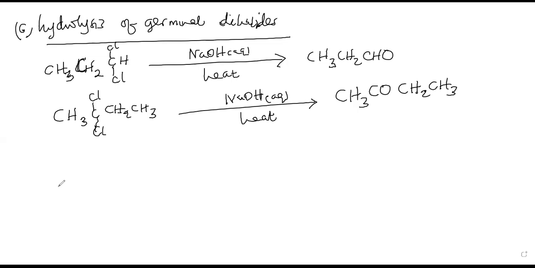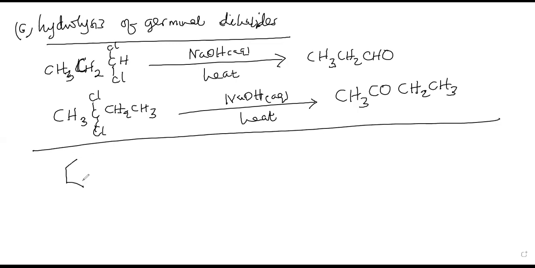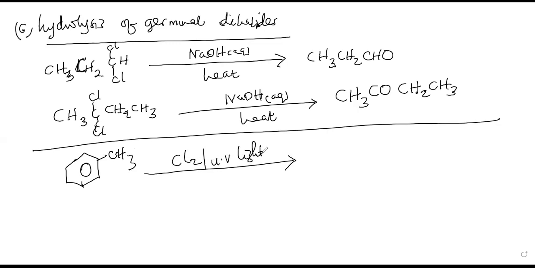However, when we prepare benzaldehyde, we can form it using this method, because the dichloro compound is easily obtained by free radical chlorination of methyl benzene under UV light and heat, which gives CHCl2, the dichloro compound.